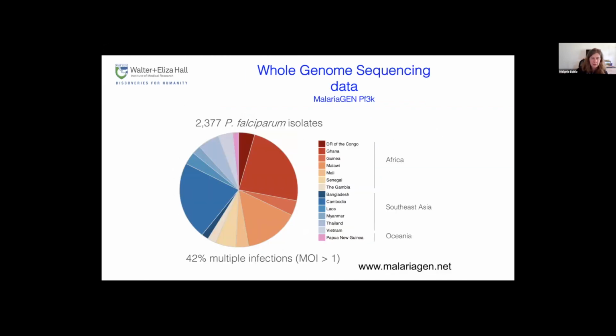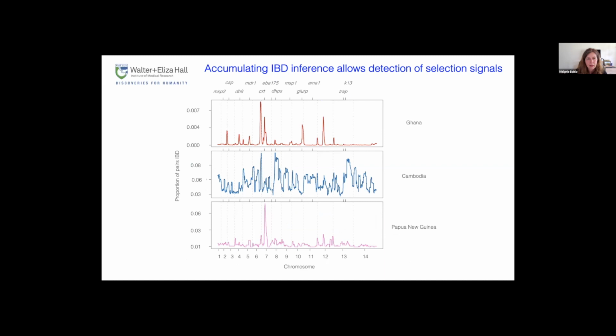She applied her model, which took some time to develop, to a very large data set from the MalariaGEN Consortium, where we had nearly 2,400 isolates, so samples of the Plasmodium pathogen, and 42% of these data sets have what are called multiple infections, where there's more than one pathogen and we can't pull them apart. We're dealing with a pool, so that's really interesting.